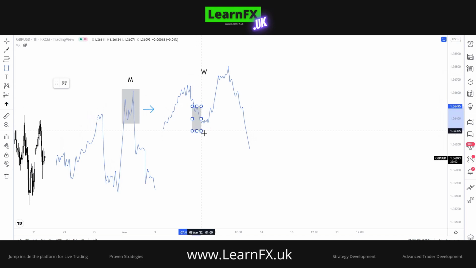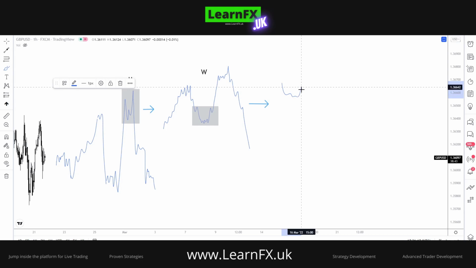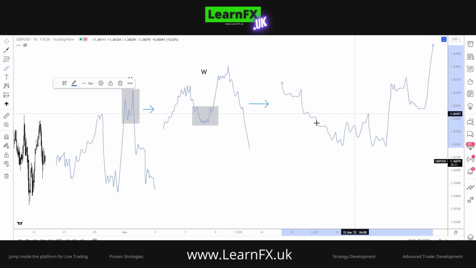And if I was to zoom into this area on the weekly, on the daily, or on my hourly time frame, I'm going to see a similar thing. So I'm going to see a markdown, some distribution, a markup, a little bit of accumulation before a markdown, some distribution that may tap into an order block, and a push higher.